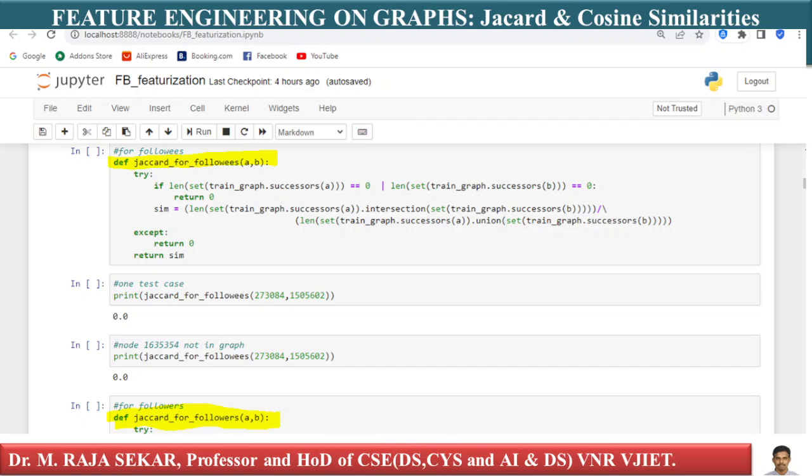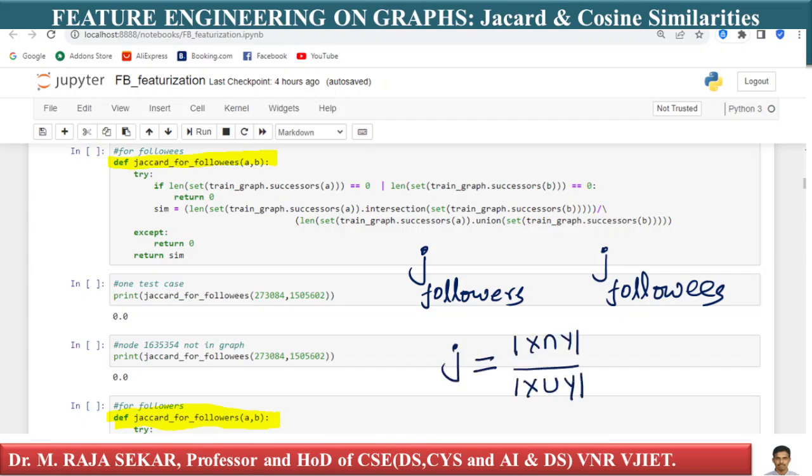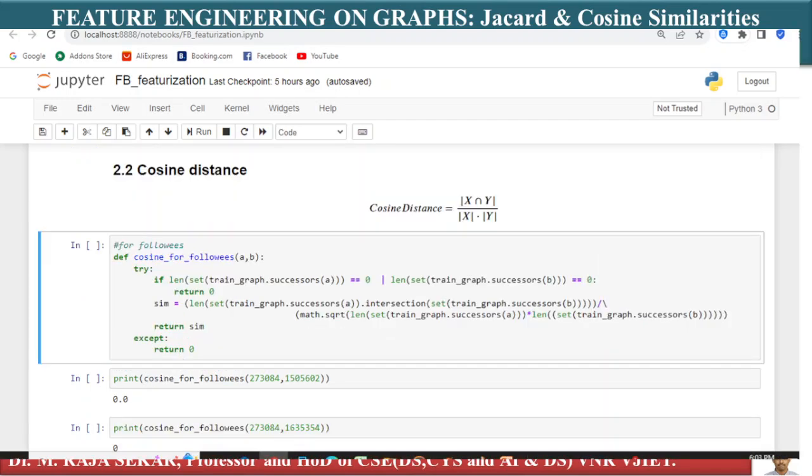We learned cosine distance between two vectors when we learned natural language processing. If you have two vertices x and y, Jaccard distance is the size of x intersection y by x union y. Now if you have two vectors x and y, you can compute the cosine distance or cosine similarity.